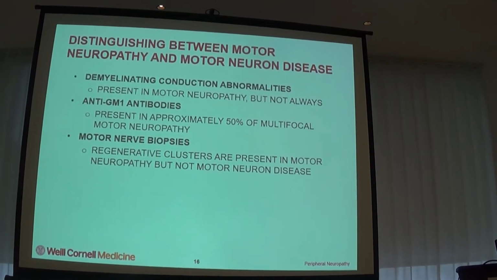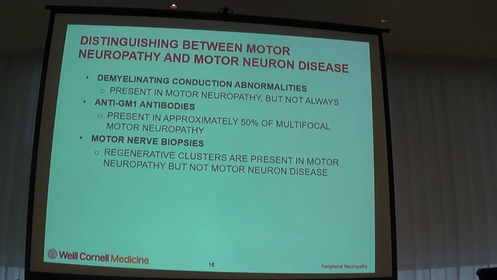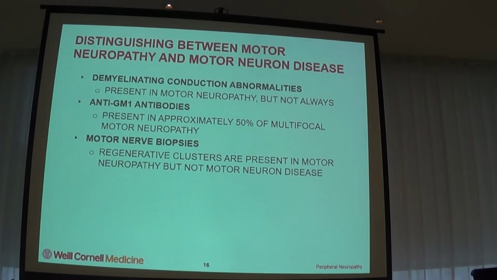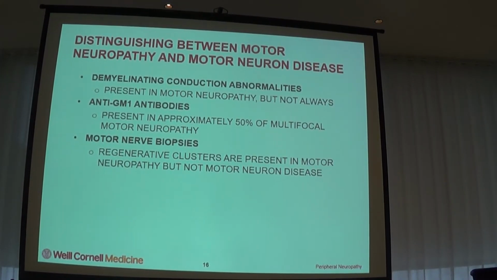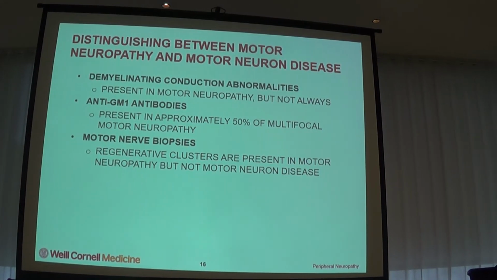So the other thing which the electrical studies help is, in some people with weakness, the differential comes down to motor neuropathy, which is a treatable disease, or ALS, or motor neuron disease, which is not treatable, a degenerative condition. And the electrical studies help distinguish between those.